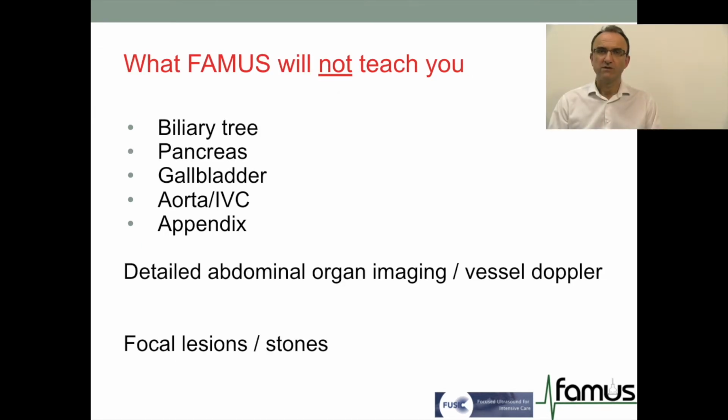What FAMOUS does not teach is to identify pathologies related to the biliary tree, the pancreas, the gallbladder, the aorta and inferior vena cava, the appendix and the bowel in general.